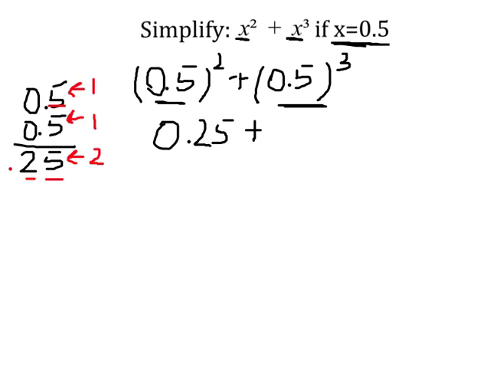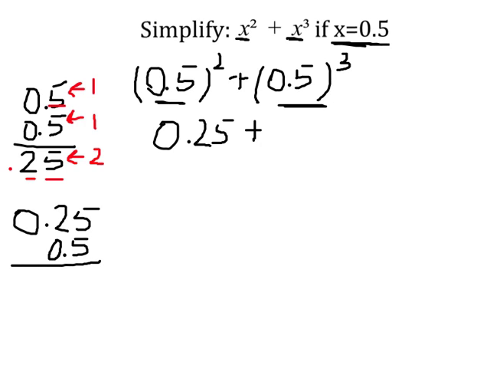Then for cubed, I need to multiply my 25/100 by another 5/10 because I need to multiply it 3 times. So I'll have 25/100 times 5/10. I'm putting my 25/100 on the top because it has more digits, so it'll make it easier to multiply if it's on the top.